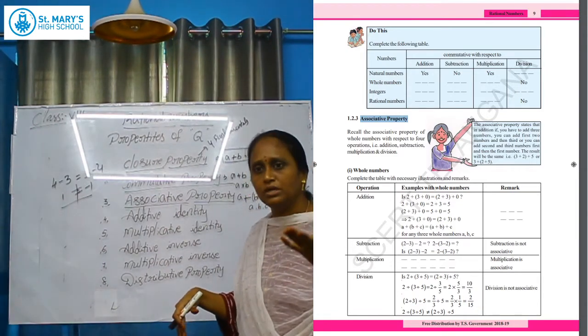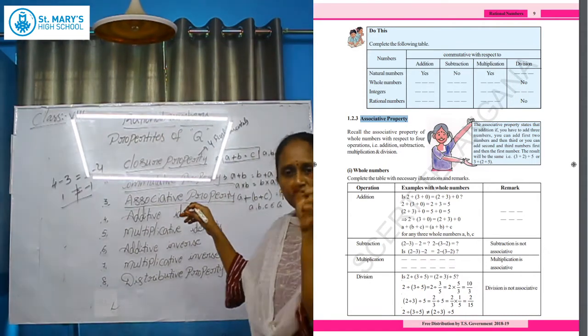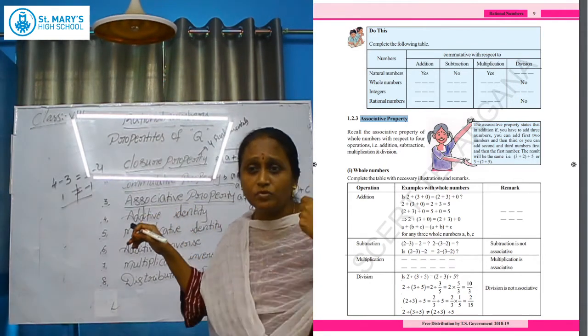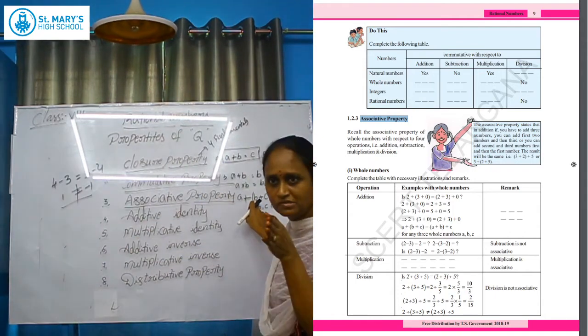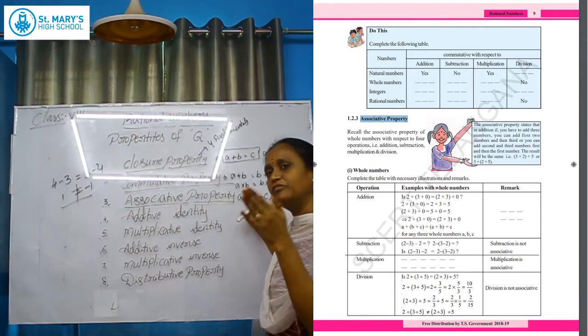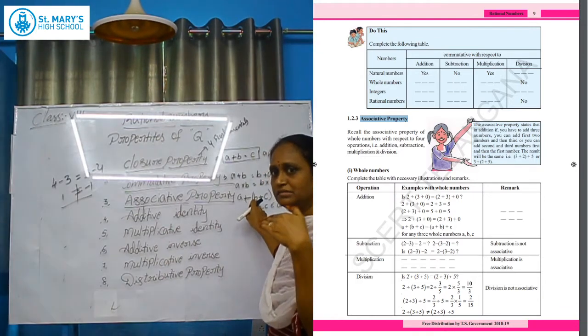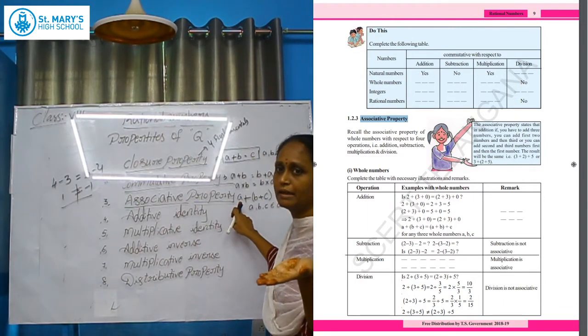How do we do it? In the first case, we take out the sum of the bracket numbers first. After the sum of the bracket numbers, we go to the outside number.